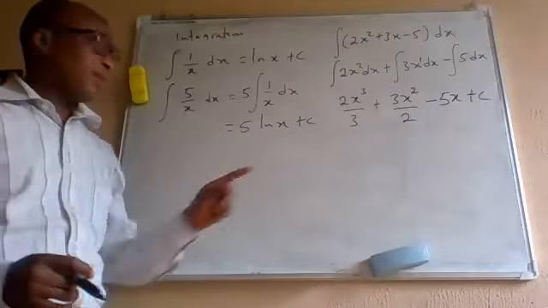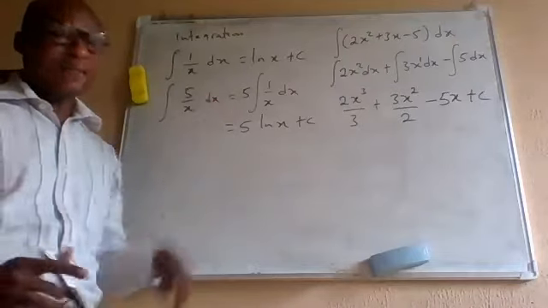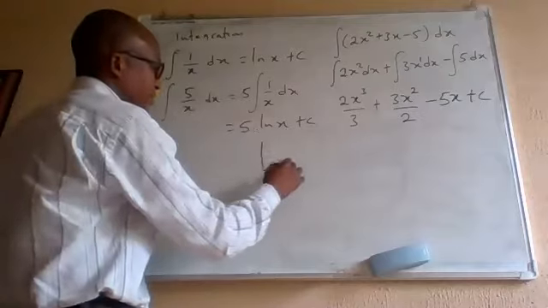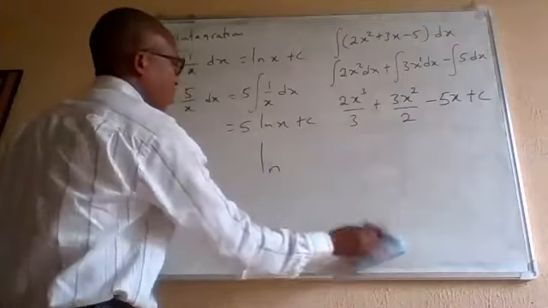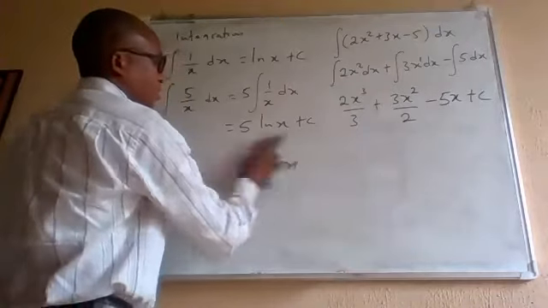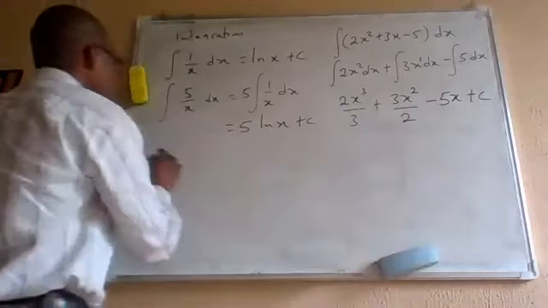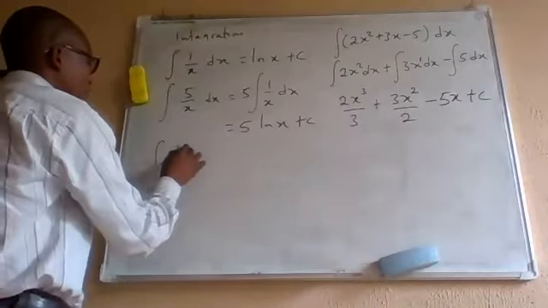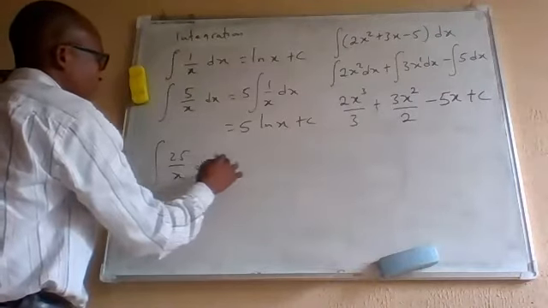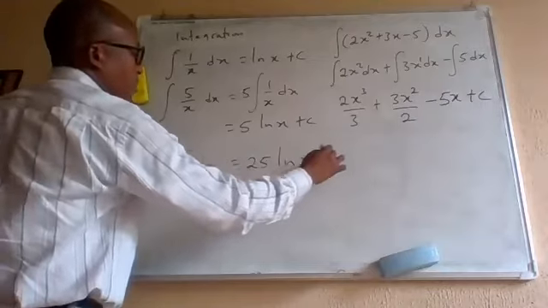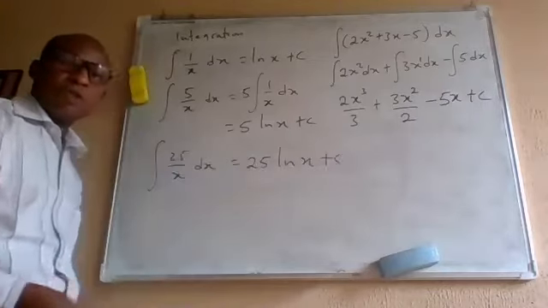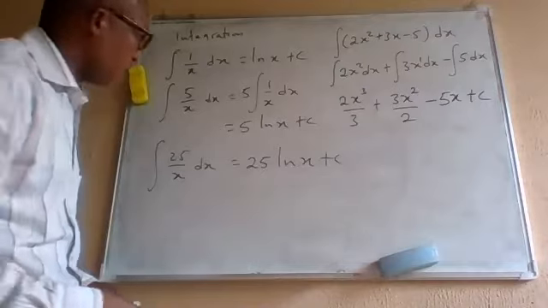This ln means natural log. That's how you write it, but they are together, so it is ln s. Again, if we are asked to integrate 25/s ds, this will give you 25 ln s plus c. So take note of all these simple things.